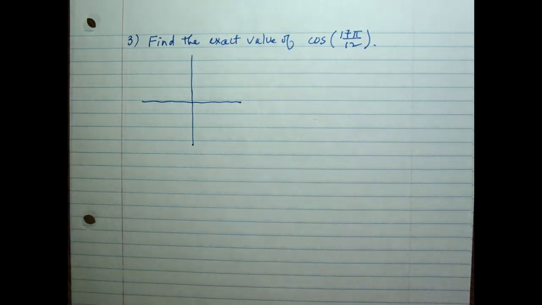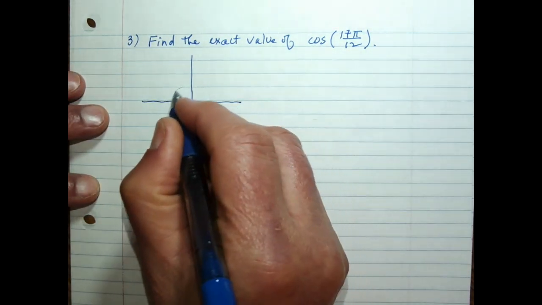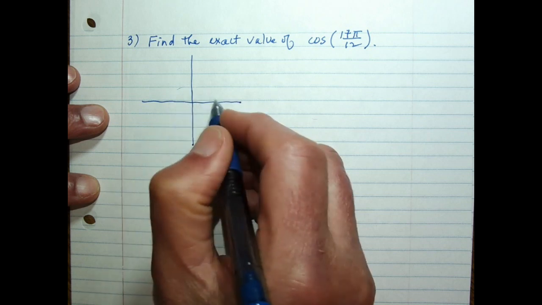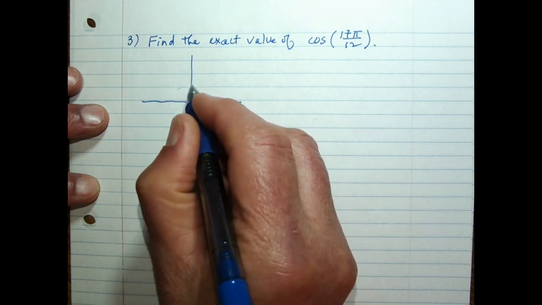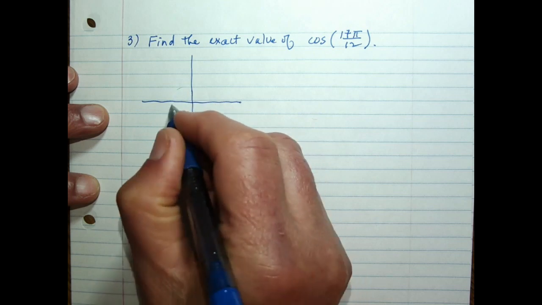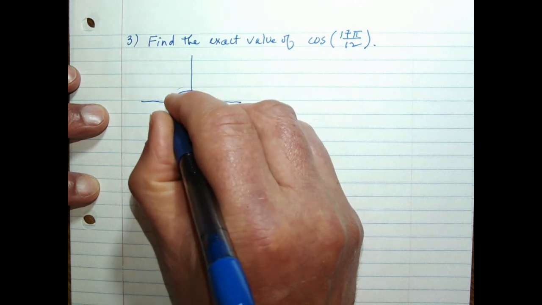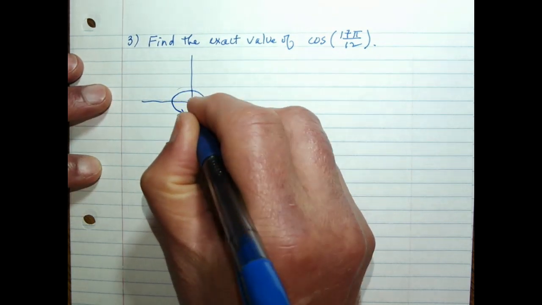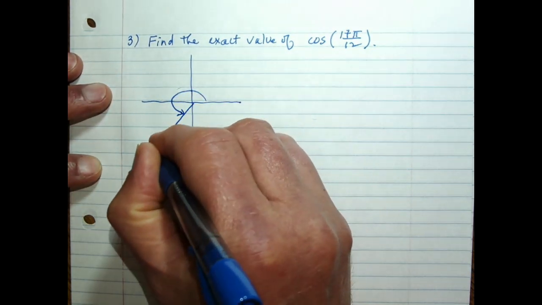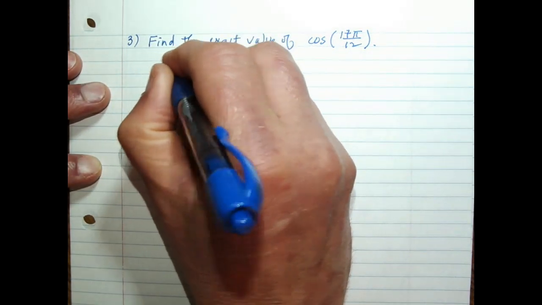Now I'm going way back to the beginning portion of this course, right? I know 12 pi over 12 is the same as pi, so 6 pi over 12, 12 pi over 12, 18 pi over 12 would be 3/4 of a circle, and we're not going to do 18, we're going to do slightly less than that. There's a drawing of 17 pi over 12.